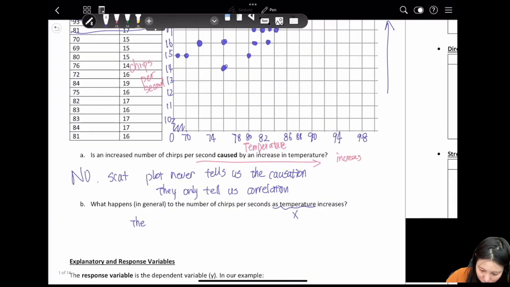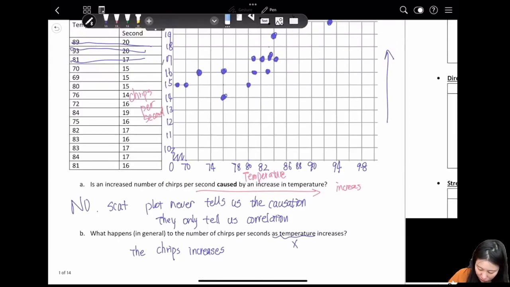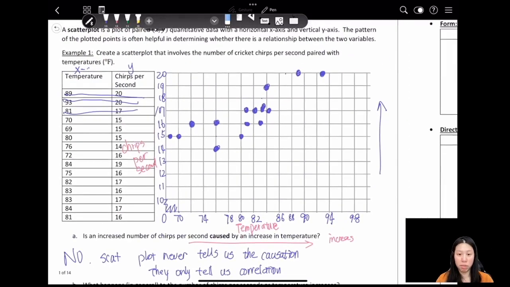So the chirps increase as the temperature increases. From the chart we can see the trend here, right? In general, we see a trend like this. Whenever the temperature goes to the right, that means it increases. So the chirps per second go up, that means it increases.